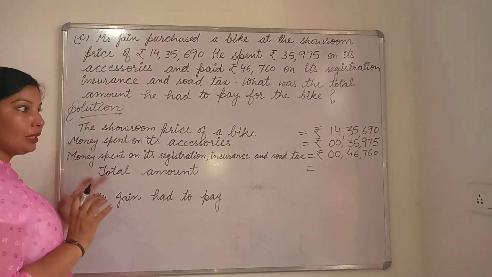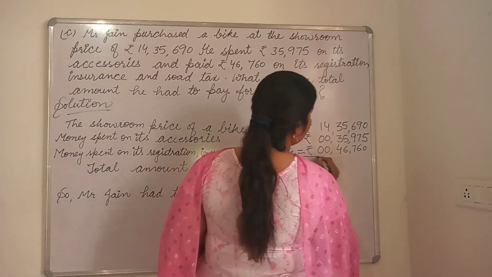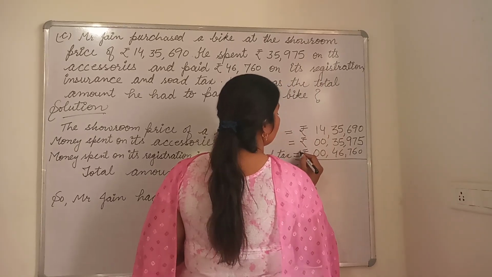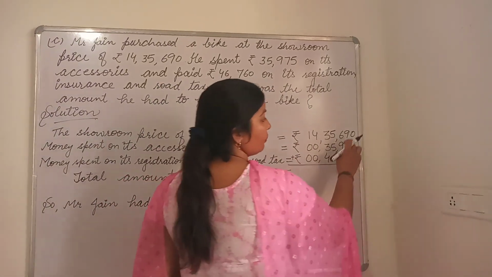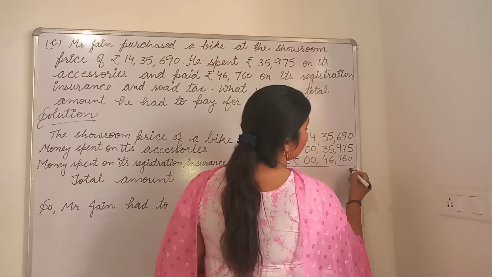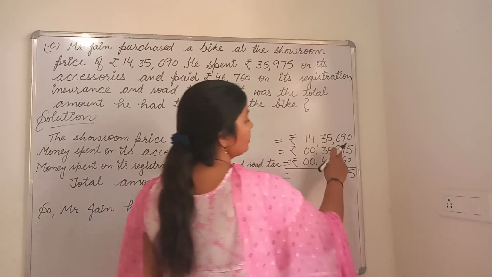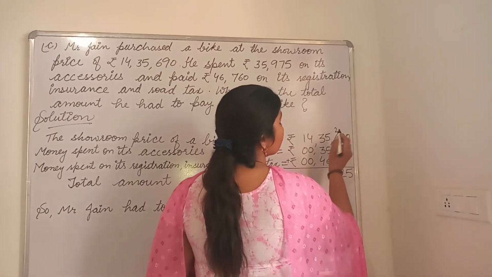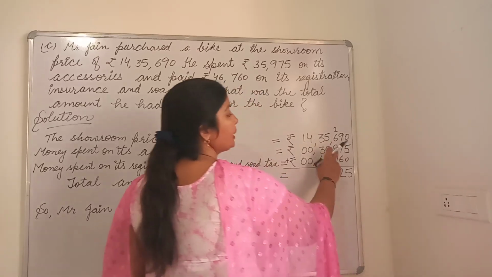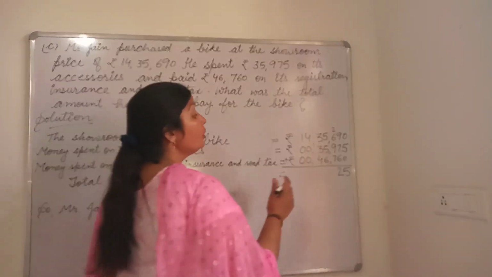So now the total amount first of all we have to find. For total what will we do? We will do plus. So we should put here the plus symbol. Now we do addition here. 5 plus 0, 5. 9 plus 7, 16. 16 plus 6, 22. We write here 2 and 2 goes carry. 6 plus 2, 8. 8 plus 9, 17. 17 plus 7, 24.